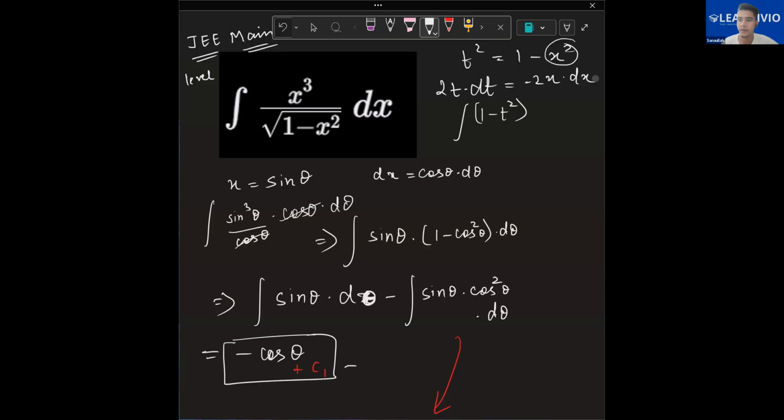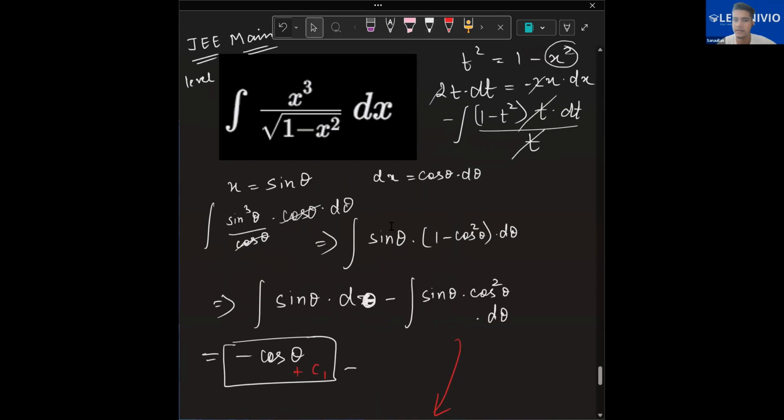So that is going to be minus of this 2 and 2 will get cancelled out. 1x, so this is going to be minus of t dt. And over here we have t. So this is t and t will get cancelled out. And we are having 1 minus t square dt. Okay, you can solve like this also. इससे भी कर सकते हो.